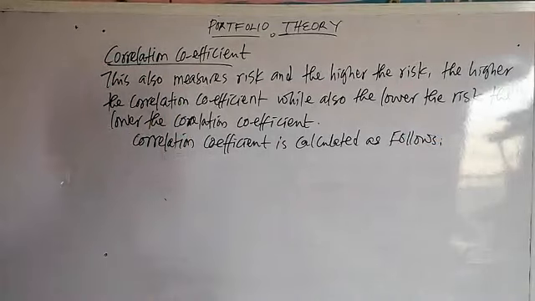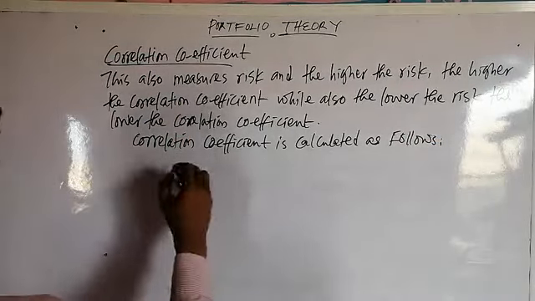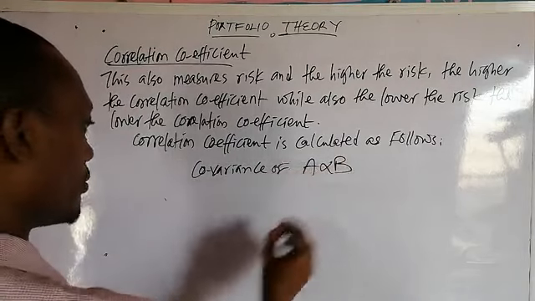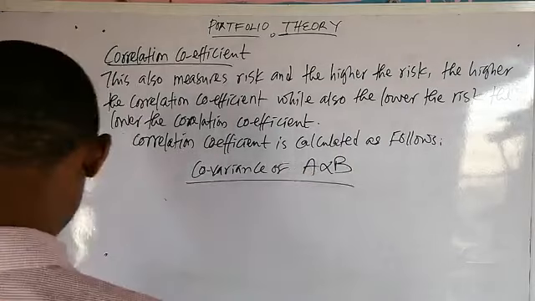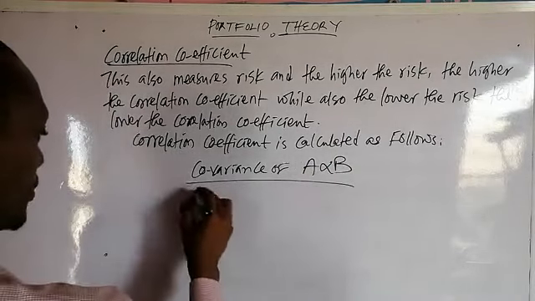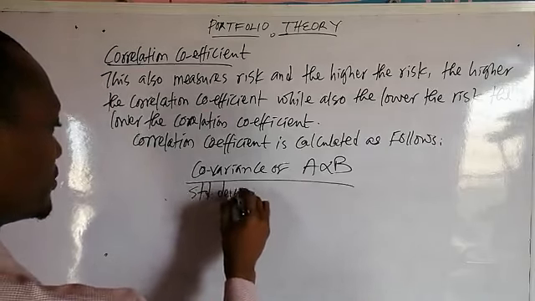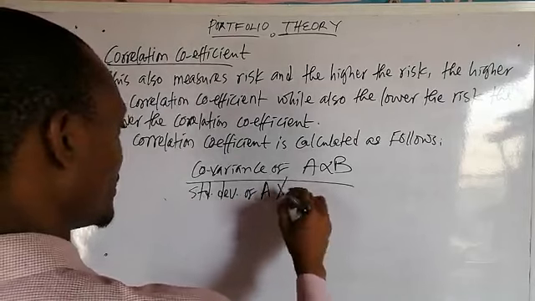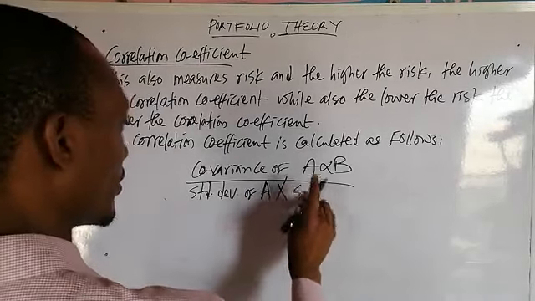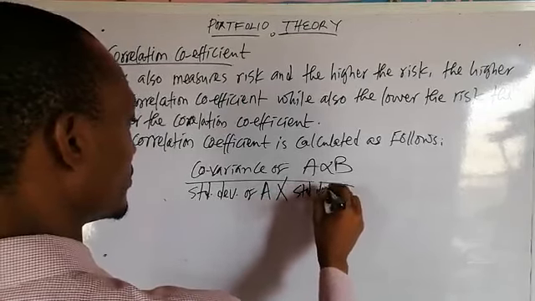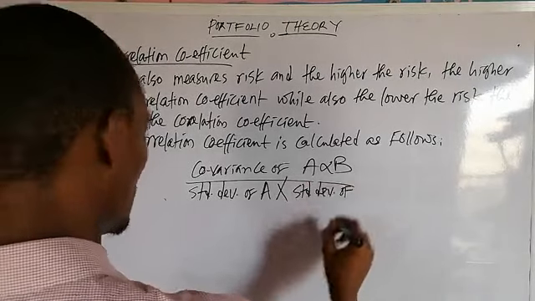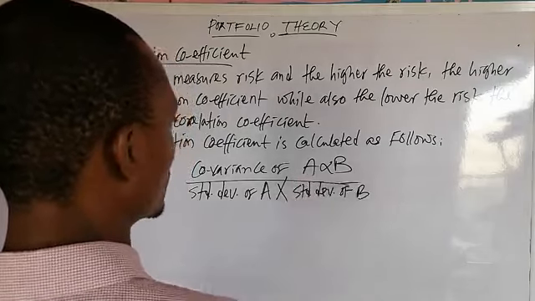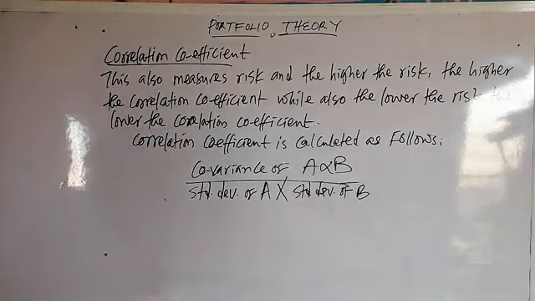The formula for calculating our correlation coefficient is the covariance of A and B, divided by the standard deviation of A, of project A, multiplied by the standard deviation of B. So that is exactly what the correlation coefficient is.